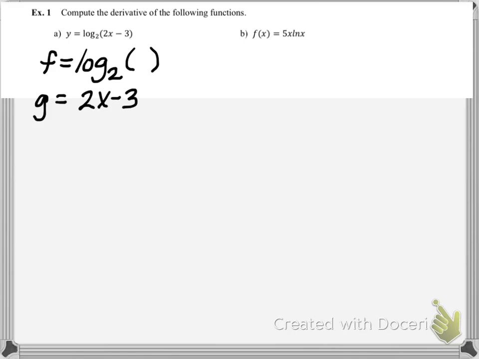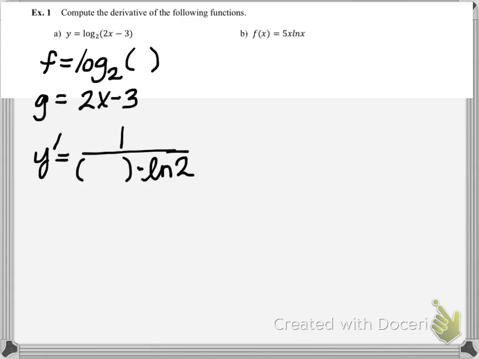Therefore, we're going to go ahead and use the chain rule to compute the derivative of y. So the derivative of log base 2 of something will be 1 over our argument times the natural log of the base, and in this case, the base is 2.